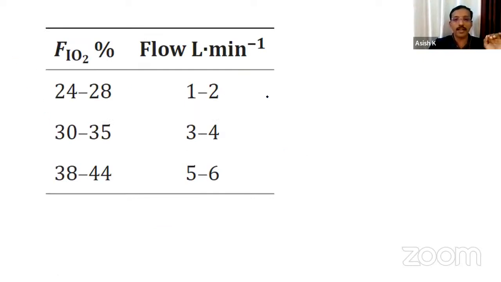When you have a nasal cannula or nasal prongs, it actually starts with 0.24 FiO2, or 24%, to a maximum of 0.45 or 45%.